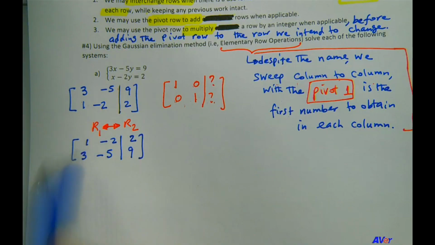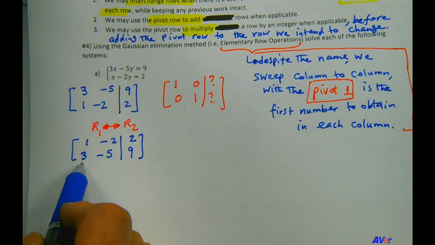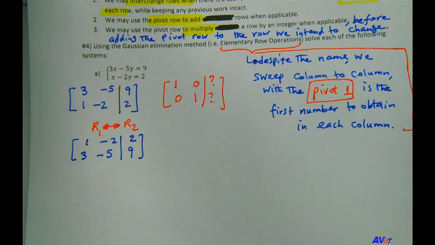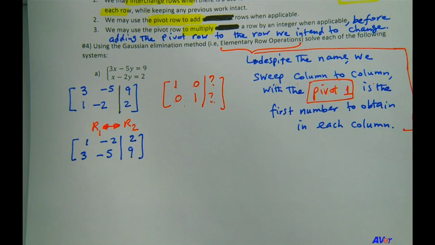Are we done with the first column? No. We got the 1, but what about the 3? The 3 needs to become 0. Right? Can you multiply the second row by 0 and get it to be 0? No. Because that makes everything 0, and that's just not acceptable. Okay? So what else can we do?